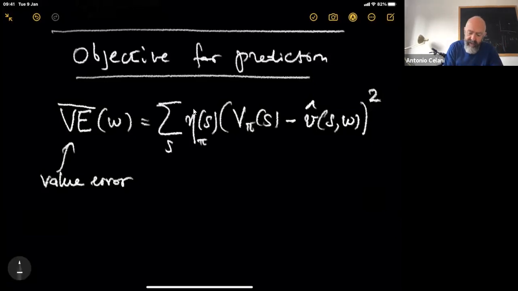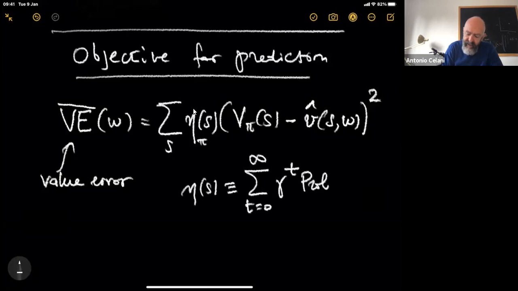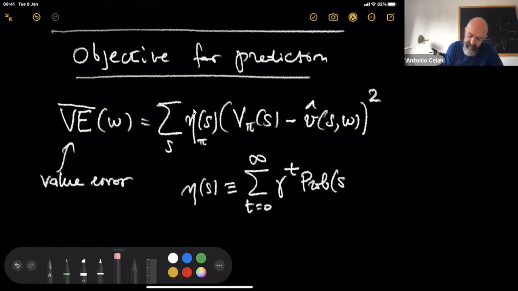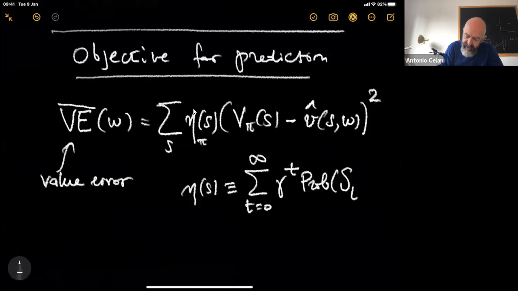So an explicit definition is the sum over t going from 0 to infinity of gamma to the t, times the probability that the state of my system is actually s at time t.